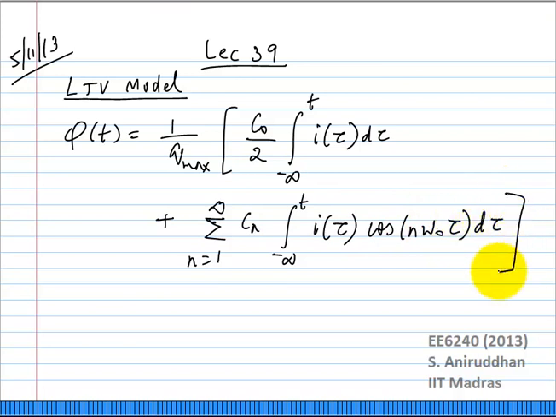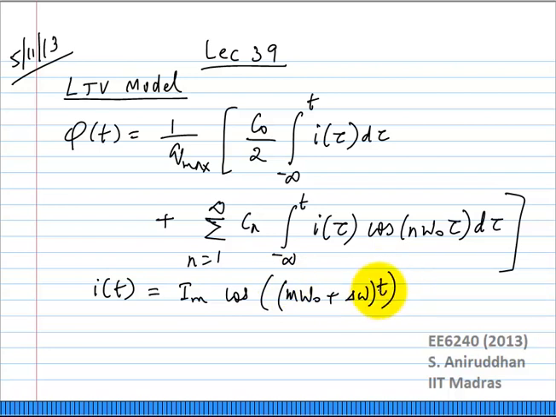Okay, this is the expression for the overall phase, and we are going to consider the current at some harmonic m, which is some Im cos(m ω0 t), and we are going to consider the current at some offset Δω, because we are interested in the noise at an offset Δω from your fundamental frequency.